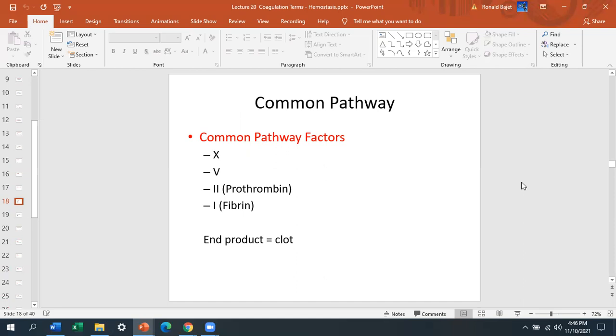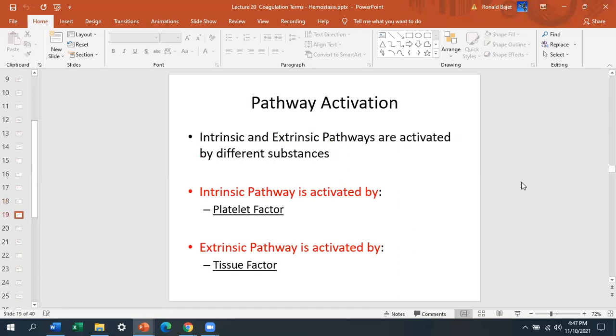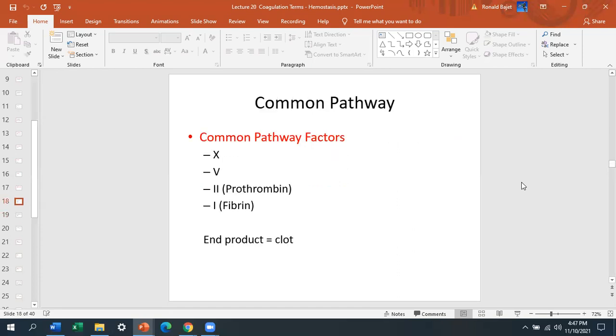I'm giving you these components, parts of the pathway, and it's going to be easy once I teach you the complete coagulation pathway. But right now, just know the components of the common pathway are 10, 5, 2, and 1. At the end of the common pathway, the end product is the final formation of a clot.